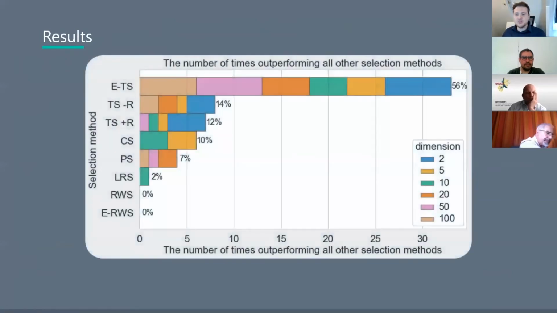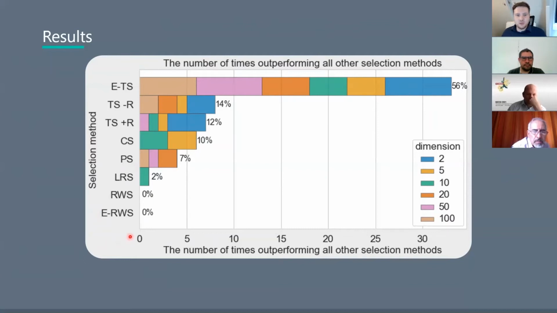So after performing all these experiments, I gathered the results and compared what the best selection method was, presented in this graph. We see on the vertical axis all selection methods abbreviated, starting with elitist tournament selection without replacement, tournament selection with replacement, comma selection, plus selection, linear ranking selection, roulette wheel, and elitist roulette wheel selection.